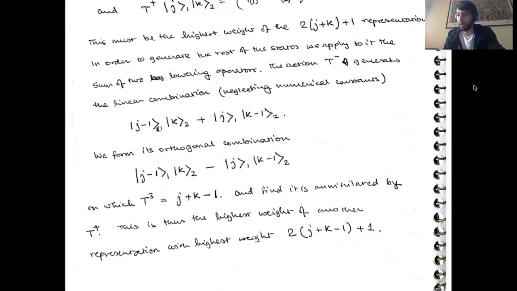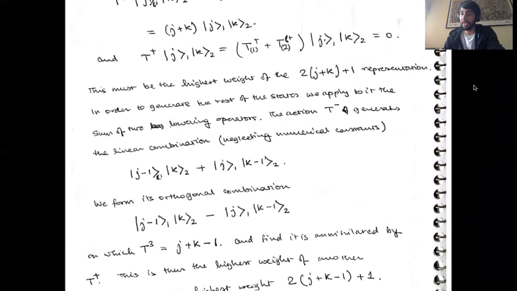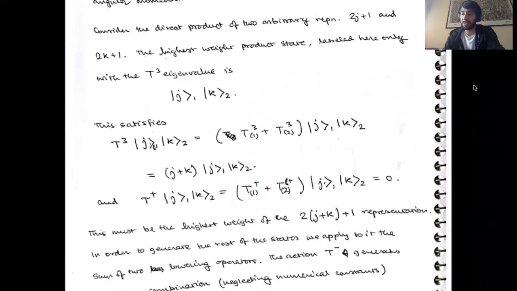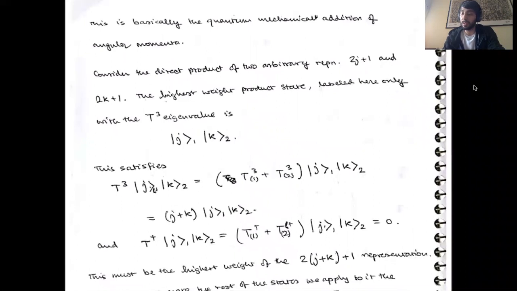So what have we done? Just to repeat ourselves once more. We took the highest weight state of 1, and the highest weight state of 2, and we tensored them together, and then we acted with T3 on this.